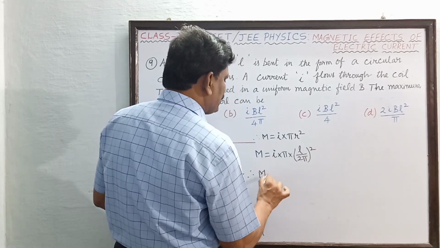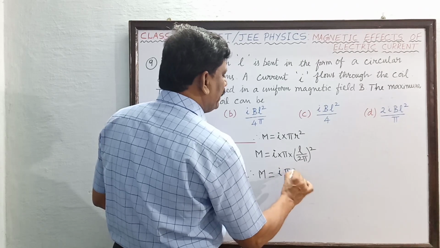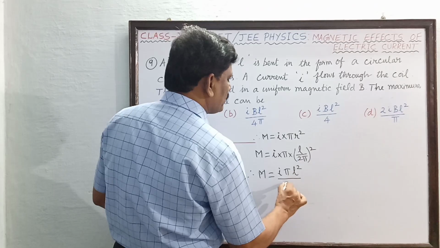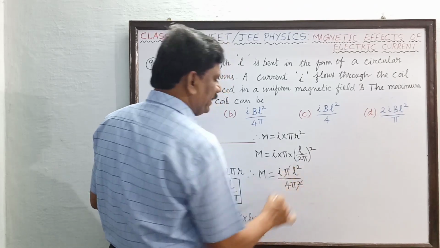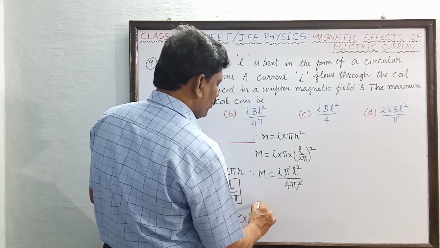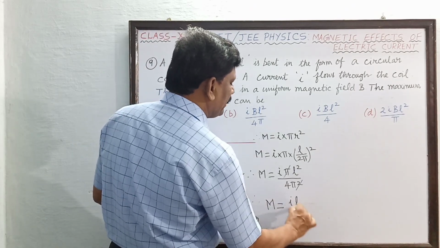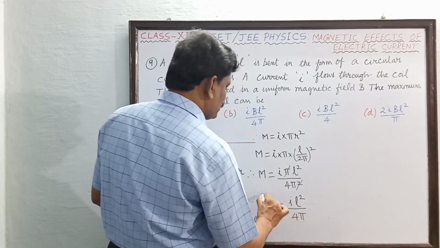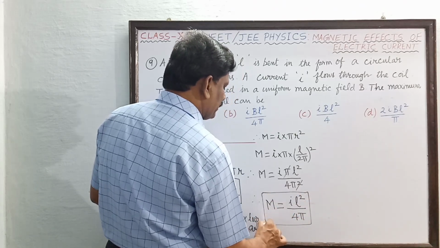Therefore, M is equal to I into pi into L square divided by 4 pi square. So the pi term and the square get cancelled. Therefore, the final expression for the magnetic moment is equal to IL square divided by 4 pi. So this is the second information we must gather.